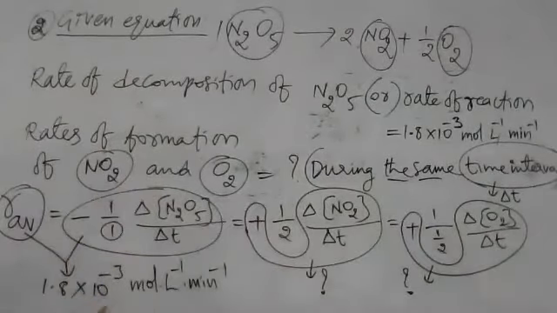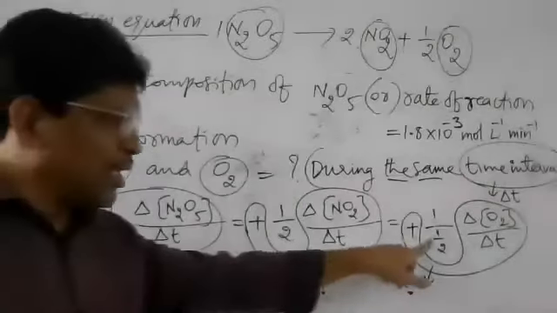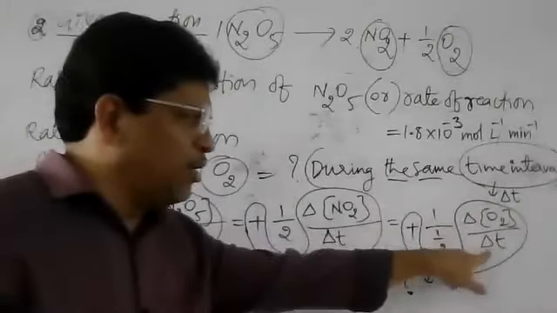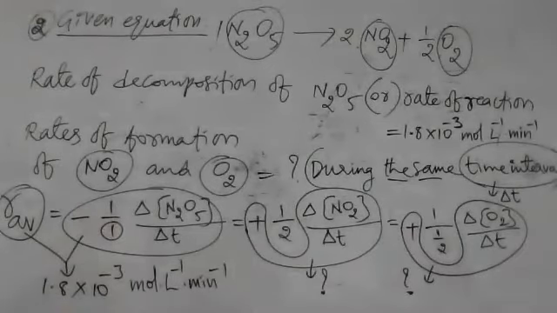This 2 you take this side, as 1 by 2, so 1 by 2 into 1.8, 0.9 into 10 power minus 3. In this way we get the rate of formation of NO2 and the rate of formation of O2.